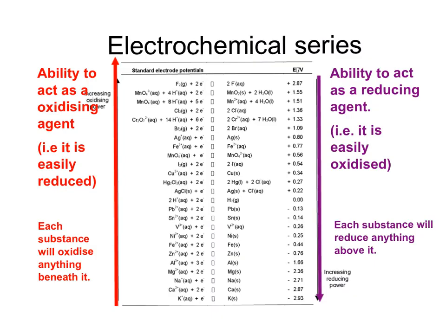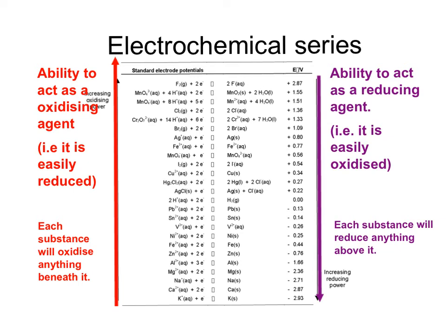Now, if we look at the electrochemical series, you will see that actually it is a big list of these reduction half equations, and each half equation is associated with an electrode potential. So on page 14, we're told that the electrochemical series is a list of standard electrode potentials. And you'll notice again that it's in order of decreasing potential.